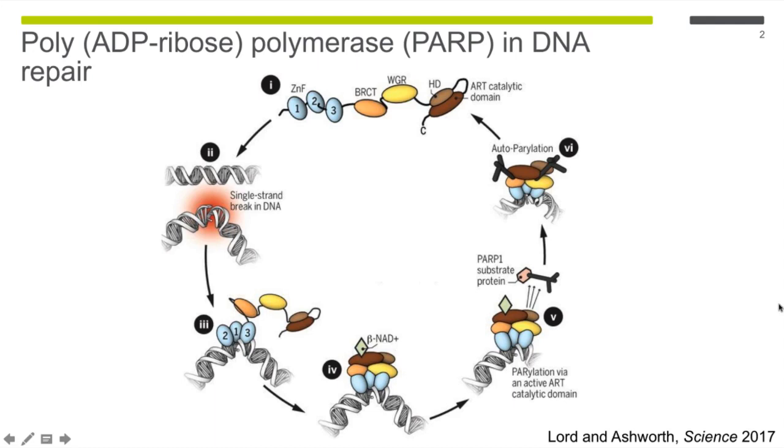On this slide, you can see this cycle of PARP and how it acts as a sensor and a mediator of DNA repair. If we start at the top here with point 1, you can see the protein structure of PARP1 is this beads on a string model. At the N-terminus here, we have this zinc finger DNA binding domain comprised of 3 zinc finger domains.